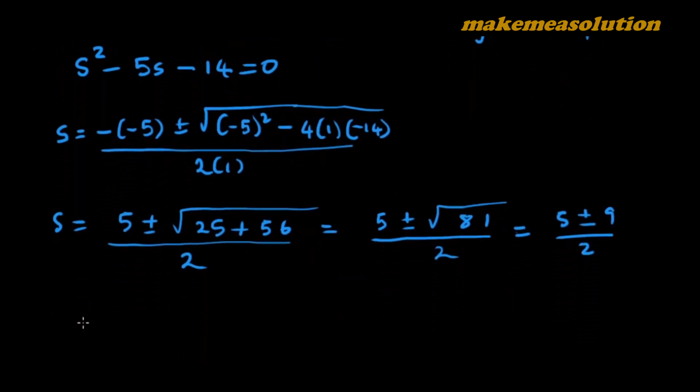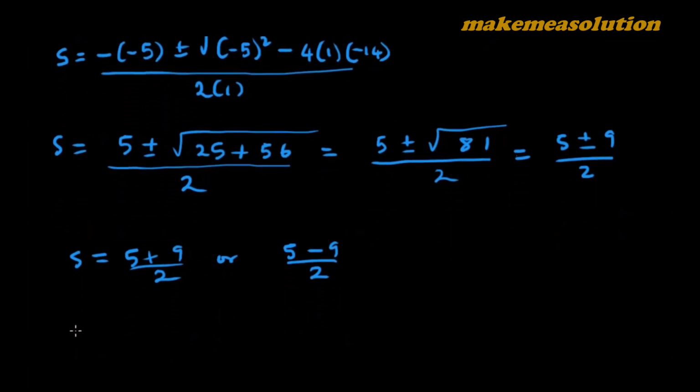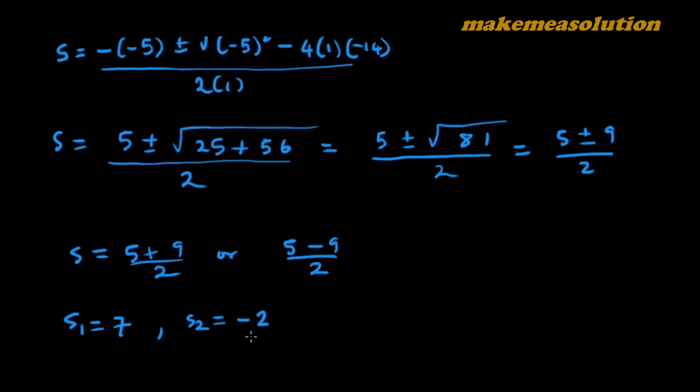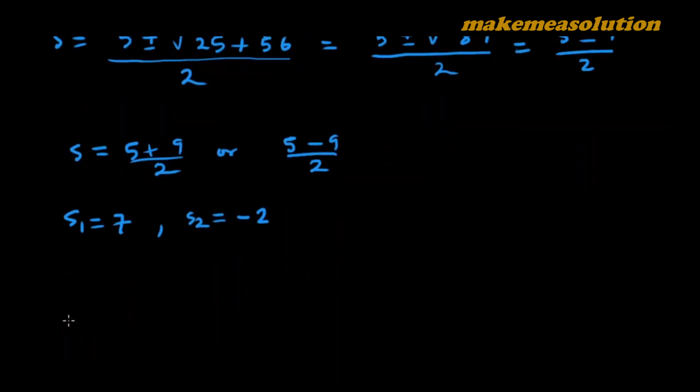When we solve, s is equal to 5 plus 9 over 2, or 5 minus 9 over 2. So s1 is 5 plus 9, 14 over 2, which is 7. Then s2 is 5 minus 9, negative 4 over 2, which is negative 2. So we have gotten s1 to be 7 and s2 to be negative 2.